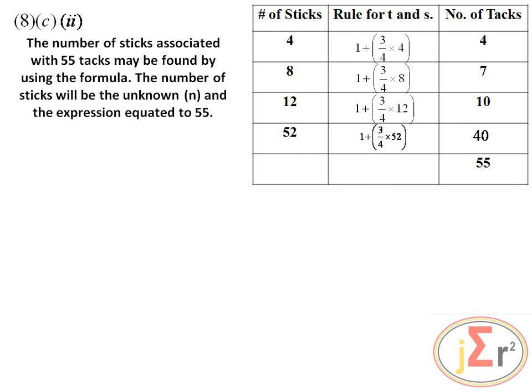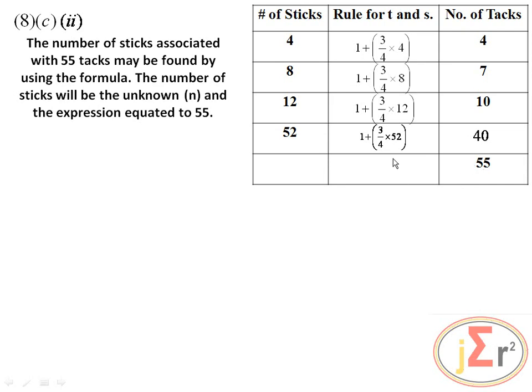That may be found by realizing that, let us call this a function, this function is operating on S and the result is T. Therefore, whatever the number of sticks is, the formula is operating on the number of sticks and the result will be the number of tacks. So the result will be equal to 55.